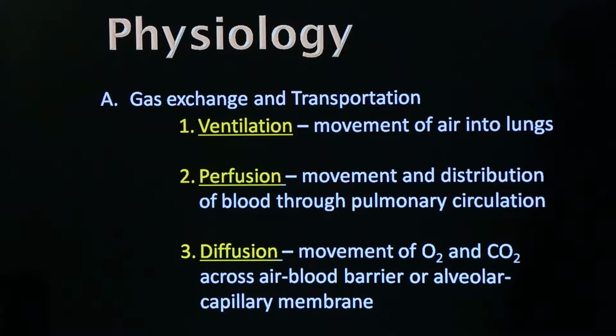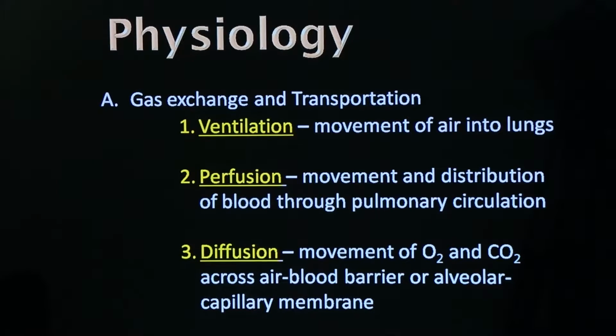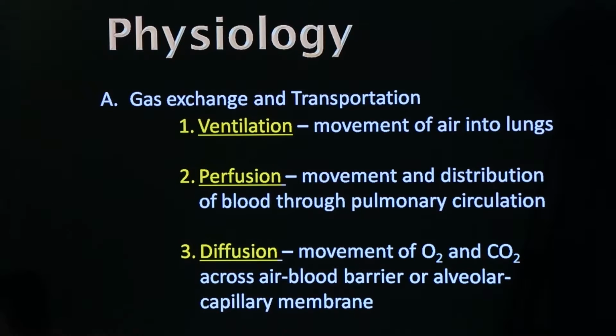And then finally, we have diffusion. Within the alveoli, we get the movement of oxygen and carbon dioxide across the air-blood barrier and across the capillary membranes. Different disease processes can affect diffusion, one of the most common being COPD.